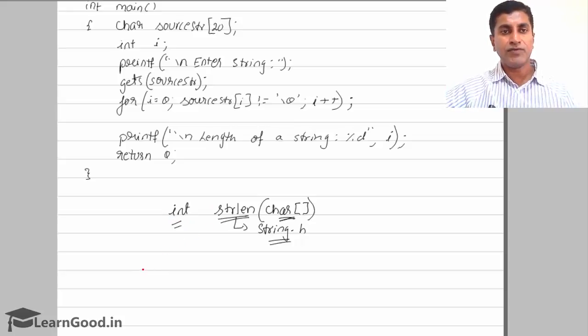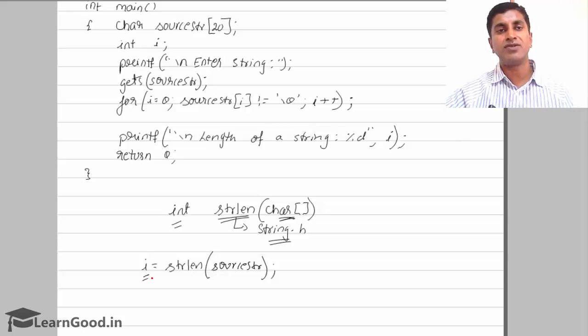If you want to use this, you can give here i is equals to strlen, and within brackets you give the source string. Here the source string is source str. So string length will go to this array, checking one by one character. When it comes across \0, at that position it will find out and return that length.